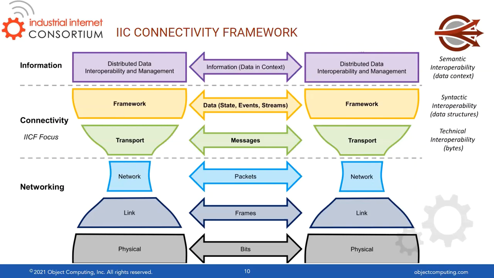What it shows is how we can think about the different aspects of the system and how they layer together. On the left is one participant. We can think of it as our gateway part of the system. On the right is the mobile app part of the system.